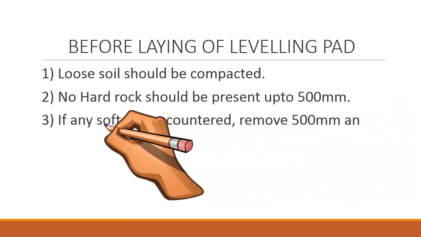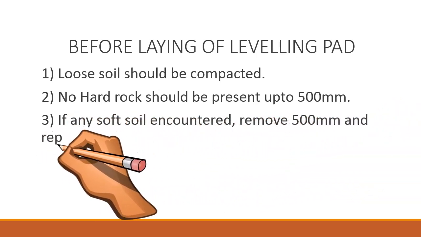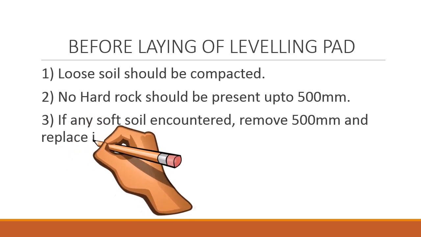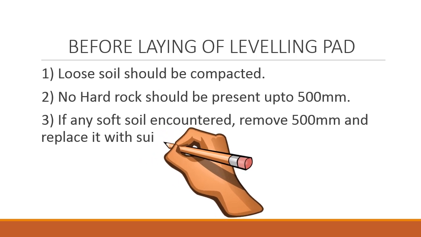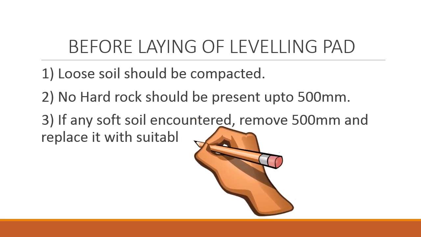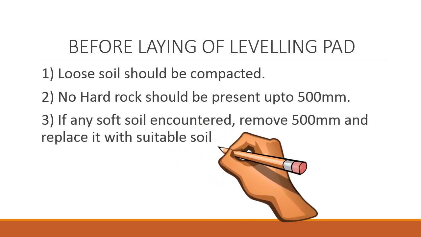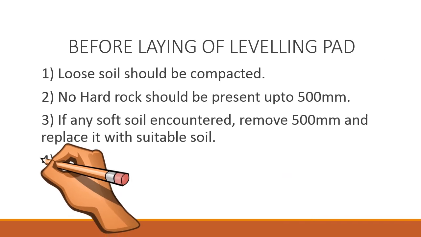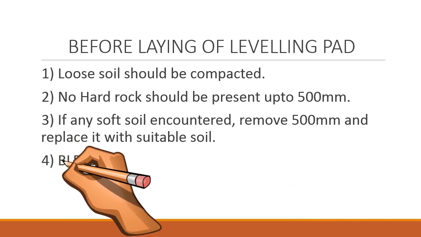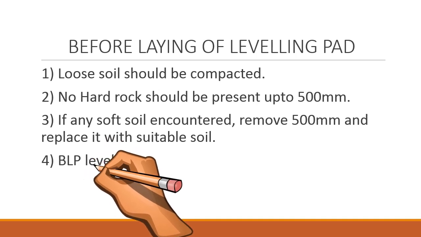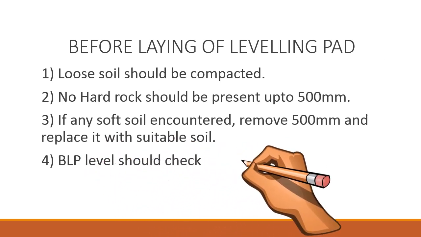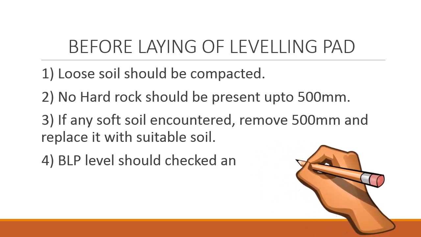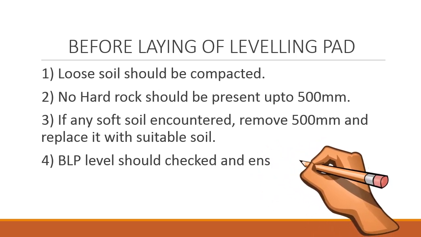And if any soft soil is encountered, remove it up to 500 and replace it with suitable soil. And if you find some slushy soil, it has to be removed at the place only, because hydraulic pressures may be encountered which we have not considered in our design. And below the leveling pad should be checked and ensured compacted.